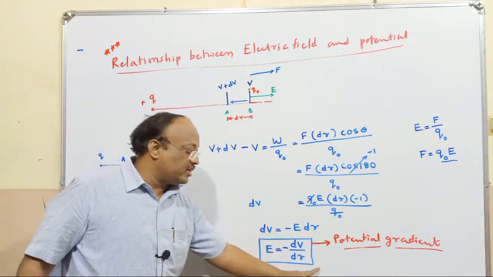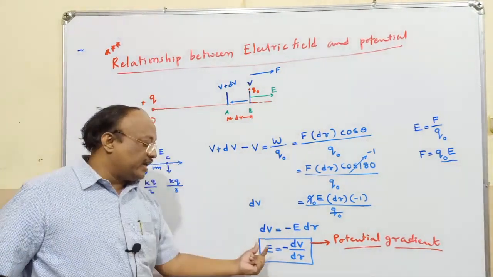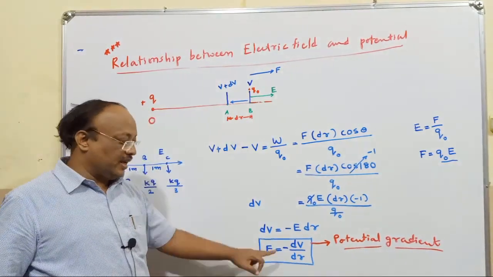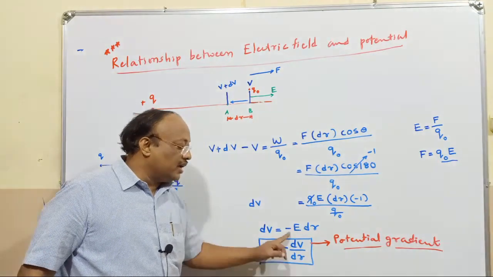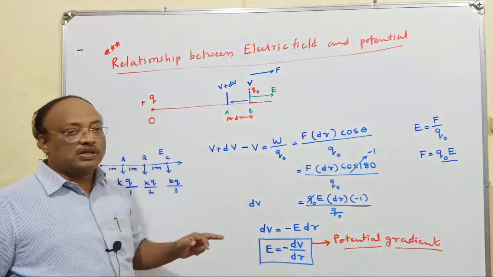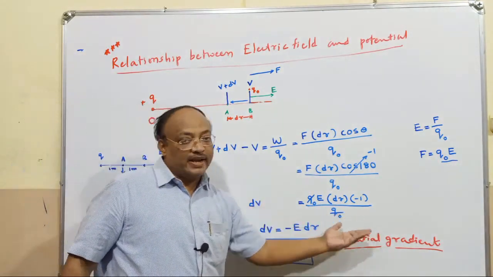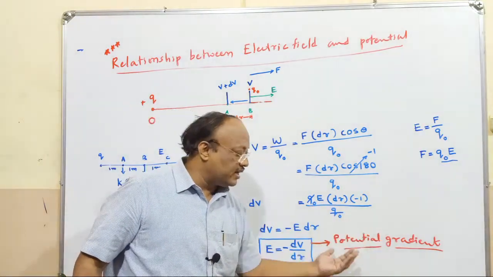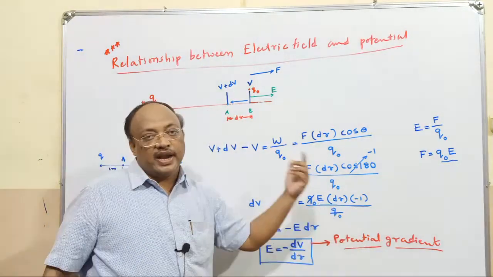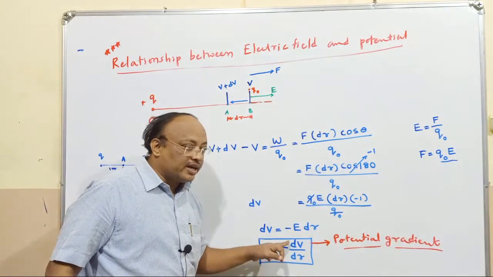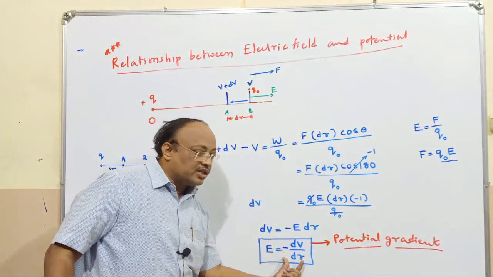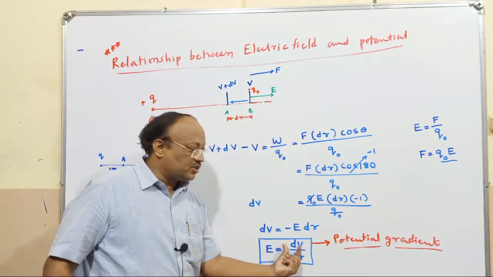And what relation we have derived? Electric field is the negative of the potential gradient. What is potential gradient? They had asked in the board exam, what is potential gradient? It is the rate of change of electric potential with respect to the distance.